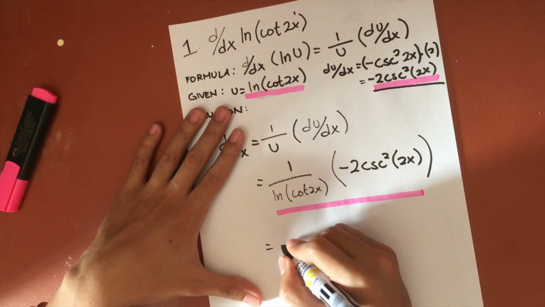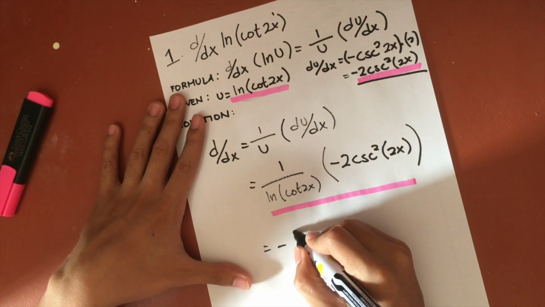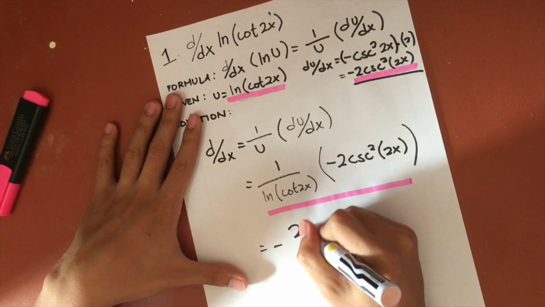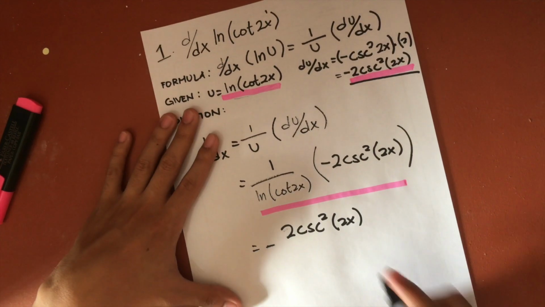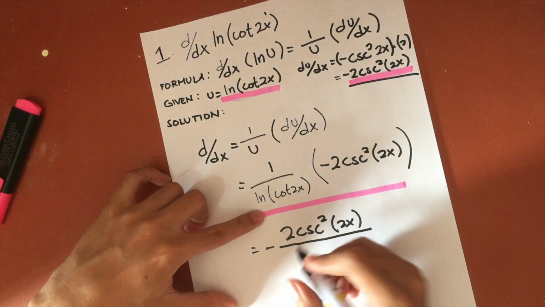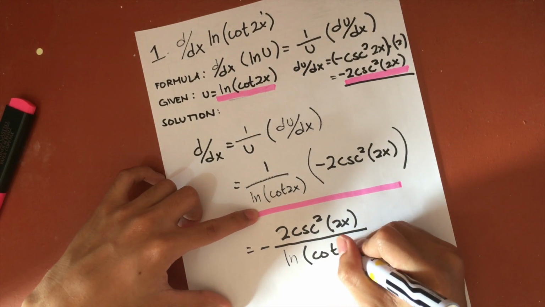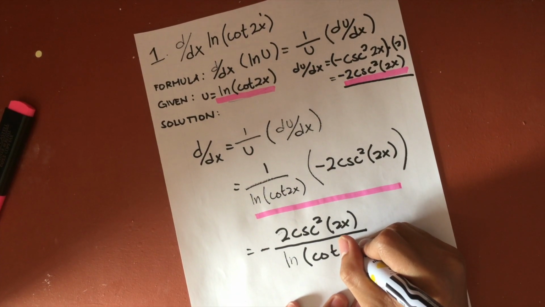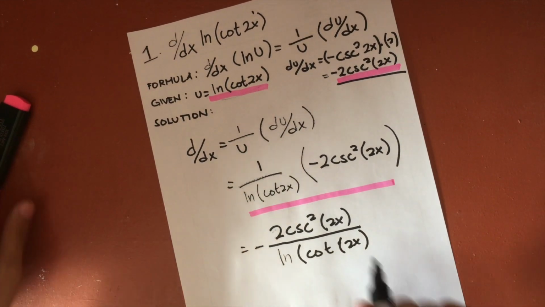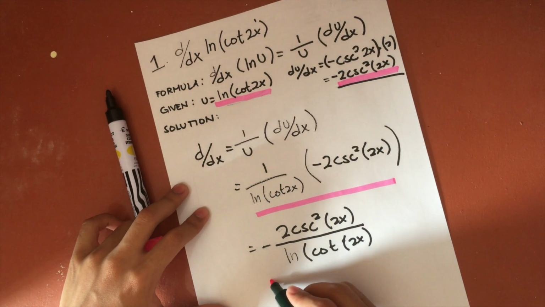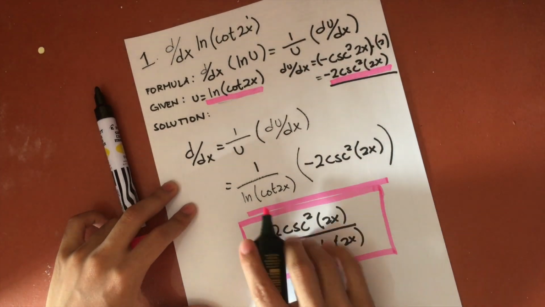So you now have the simplified form of this equation: negative 2 cosecant squared quantity 2x over ln cot quantity 2x. Now, this is your final answer, the simplified form of this equation.